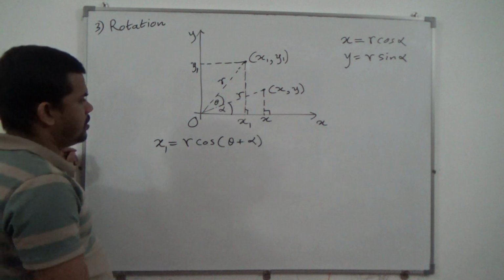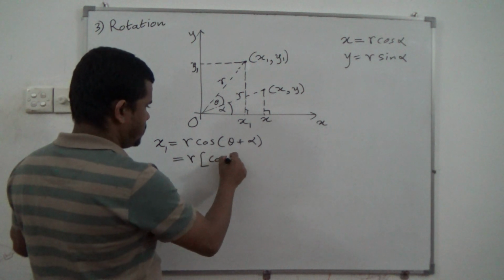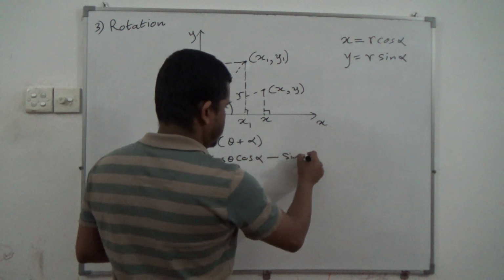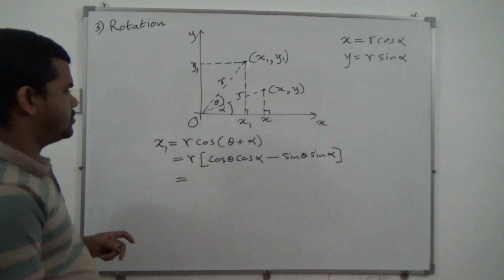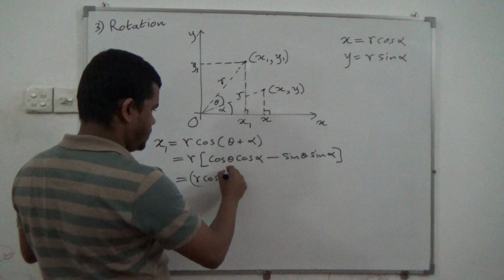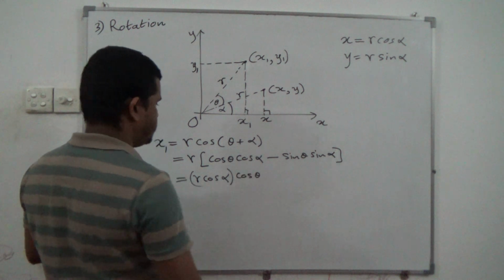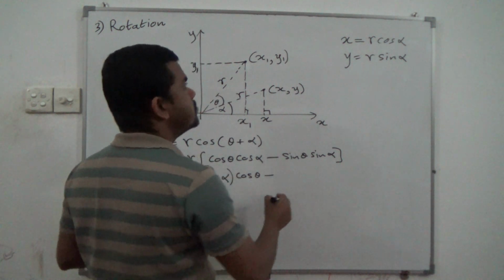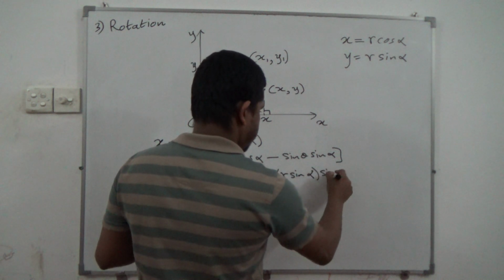Then let's expand this: r cos theta cos alpha minus sin theta sin alpha. Here r cos alpha, let's put it like this: r cos alpha cos theta minus r sin alpha sin theta.